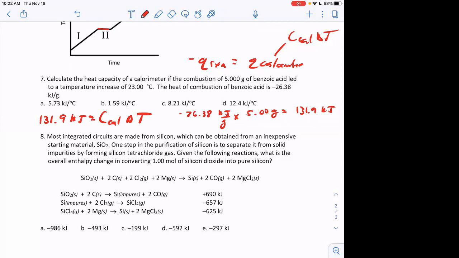So divide by 23, and we should get one of these answers. I want to say A, but yeah. Use 23 for your delta T, divide the 131.9 by 23, and you now have your C cal.